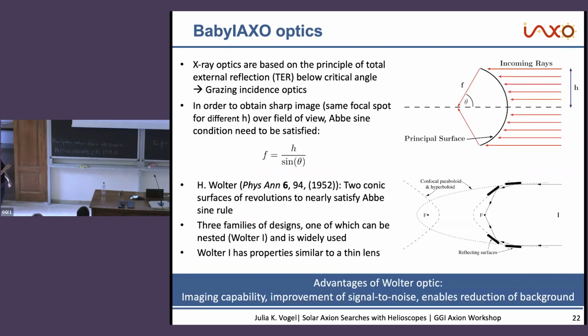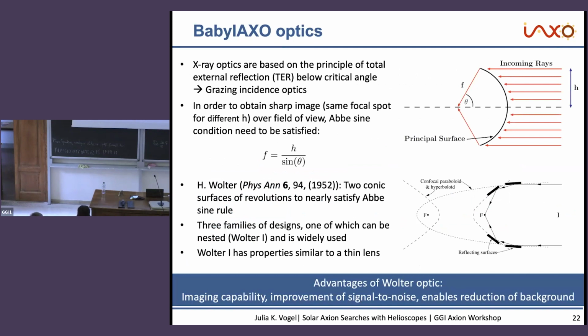The optics that are generally used for X-rays rely on the principle of total external reflection. So think of Snell's law that you're all familiar with. For X-rays, we need a very shallow incident angle in order to get reflection. So these are called grazing incidence optics. And in order to obtain a sharp image, we need to get incoming rays reflected onto one single focal spot.